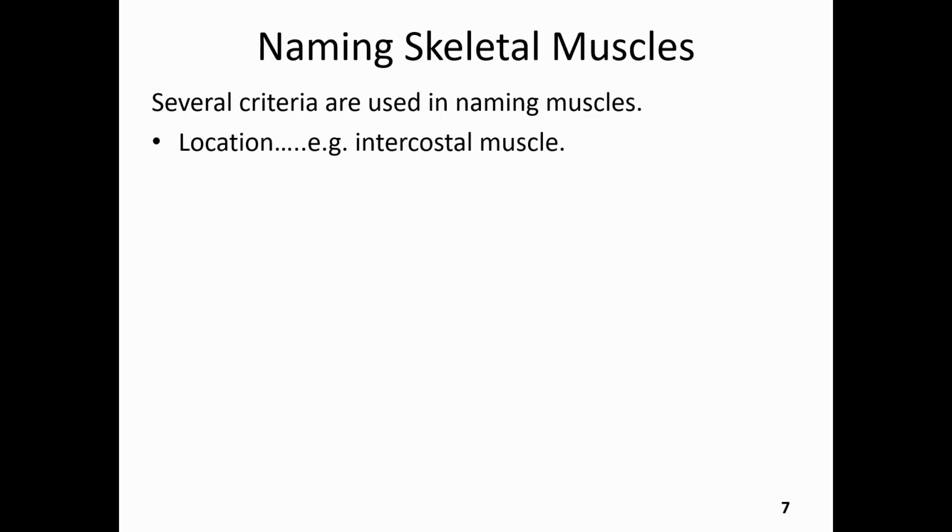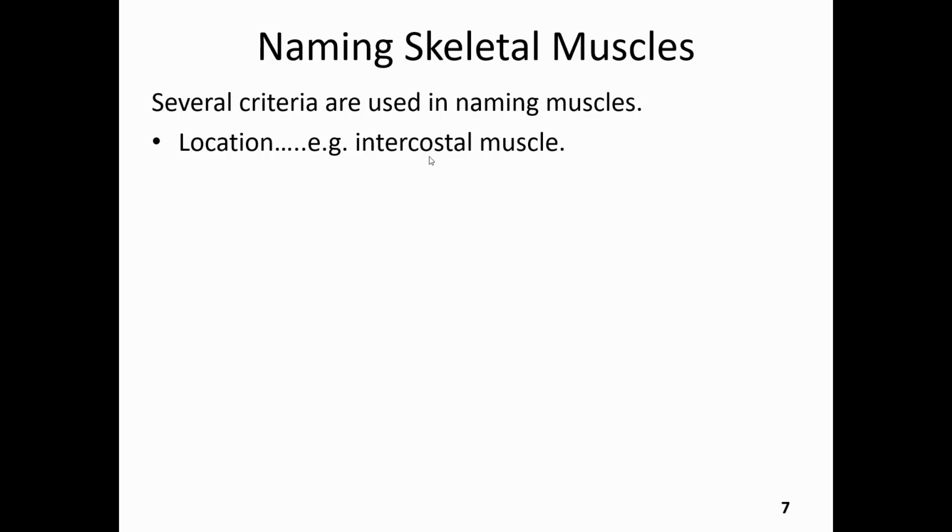Skeletal muscles are named according to a number of different criteria. Some muscles are named by location. For example, the intercostal muscle, inter meaning between, costal referring to the ribs and the costal cartilages of the ribs.